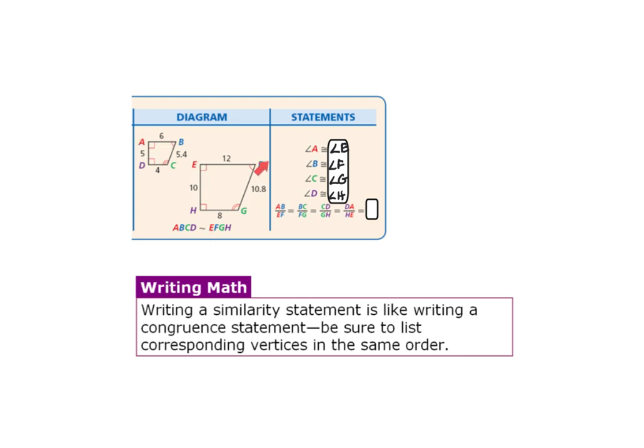AB to EF, 6 over 12. Let me write that underneath, 6 over 12. BC corresponds with FG. BC, FG, 5.4 over 10.8.